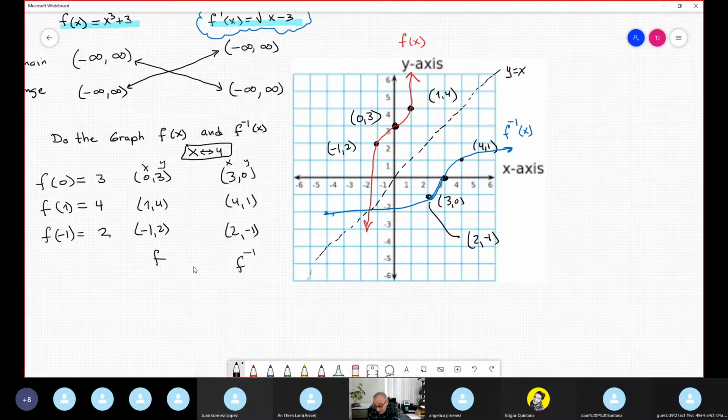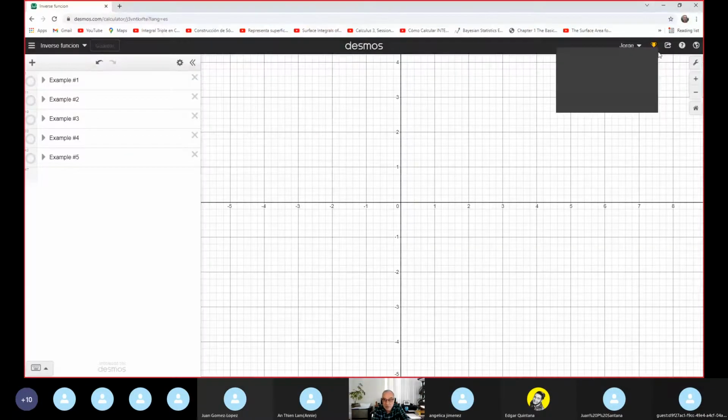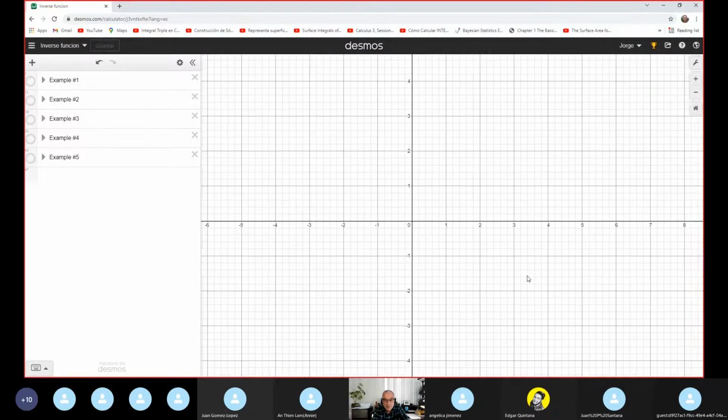Let's do a more elegant graph in Desmos to understand everything more clearly. Okay, I open Desmos and one script that I created for you. Let me know if you see Desmos or no. Do you see Desmos?